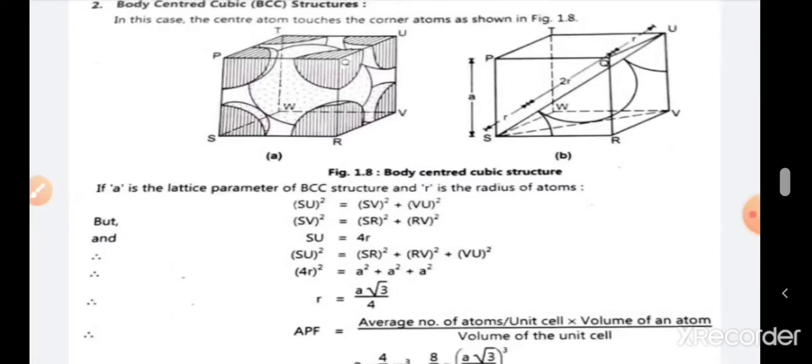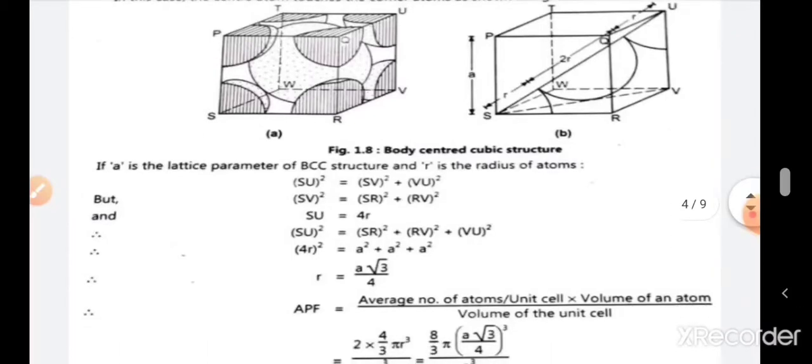Now SU is equal to 4r, that is already shown in the figure. If you check the diagonal line, that is SU, what is the SU value? r plus 2r plus r, that is totally 4r. Now check the first line, that is SU square is equal to SV square plus UV square.